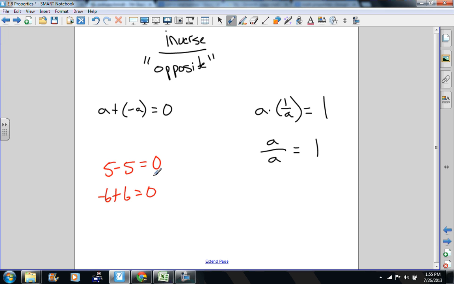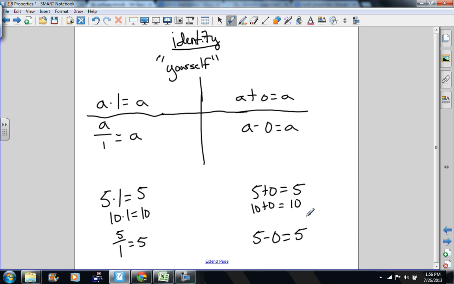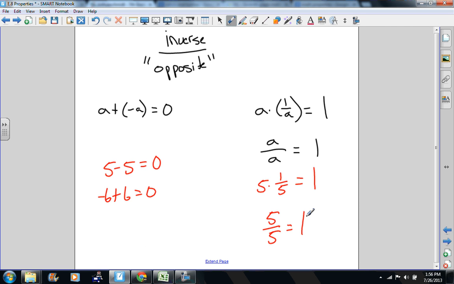For multiplication and division, it's just the same thing. If you have 5 times 1/5, those are opposites. Well, that's equal to 1. If you have 5 divided by 5, that's equal to 1. So inverse and identity are opposite of each other. Identity is trying to get back to itself. Inverse is trying to get rid of itself, okay?